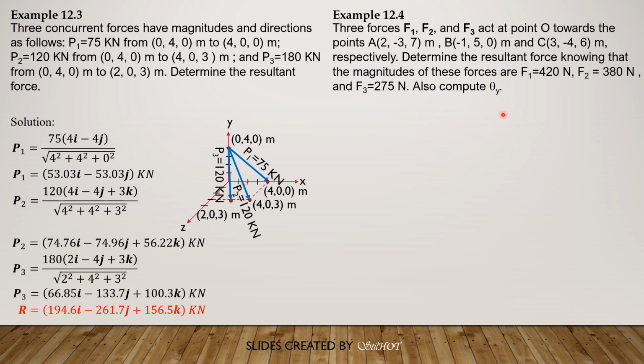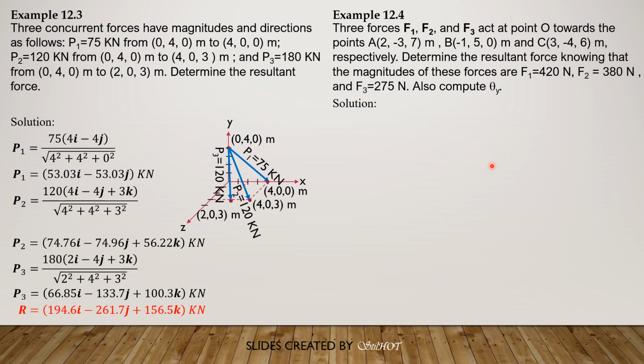So again, we have three concurrent forces because the forces act at the origin. So automatically, we transform each force into vector form. We'll just put the unit vectors to these corresponding coordinates.